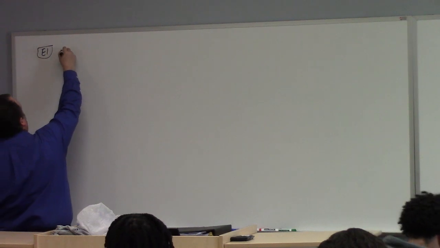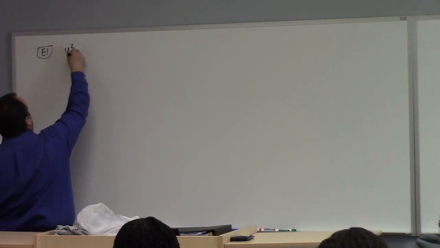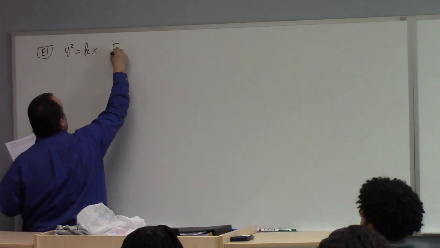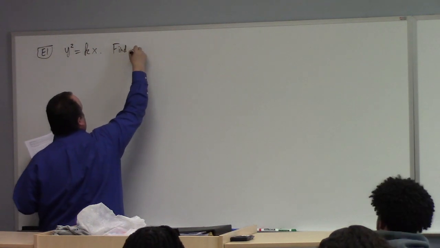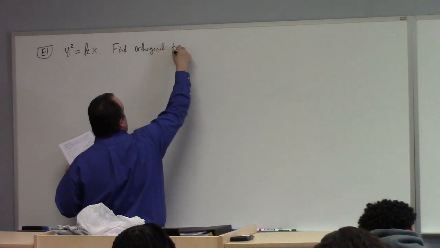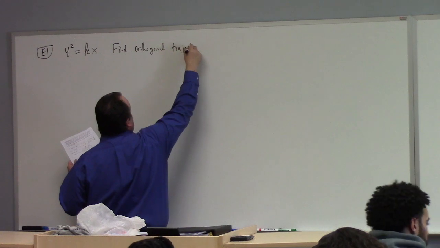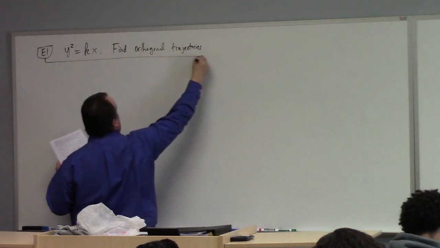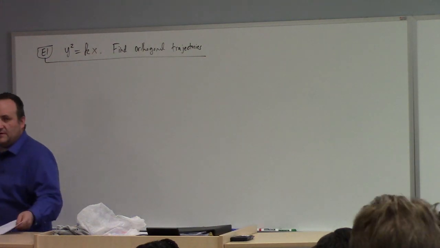Suppose we have y squared equals kx. Find the orthogonal trajectories to this. There are a few problems like this in your homework. The immediate question is, how do you figure out what dy dx is?